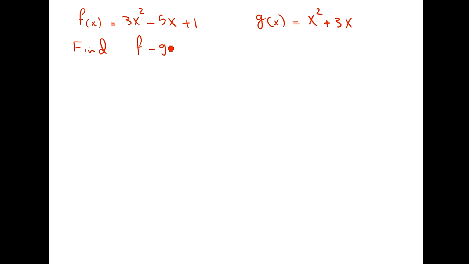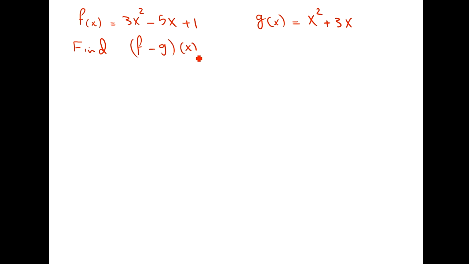If I have, for example, f of x equals 3x squared minus 5x plus 1 and g of x equals x squared plus 3x, and we find f minus g of x.